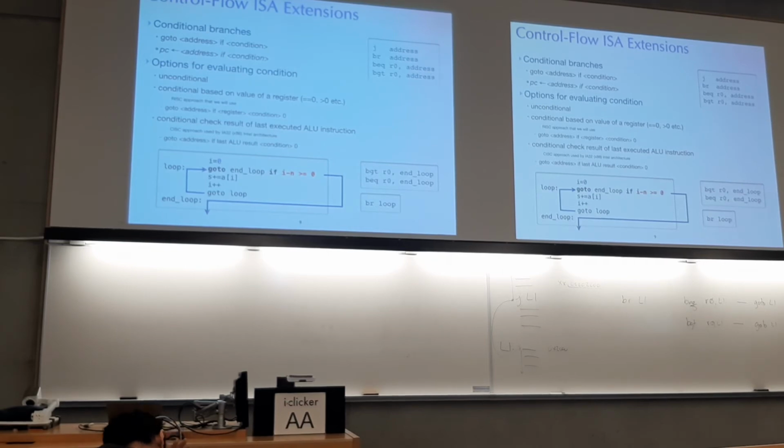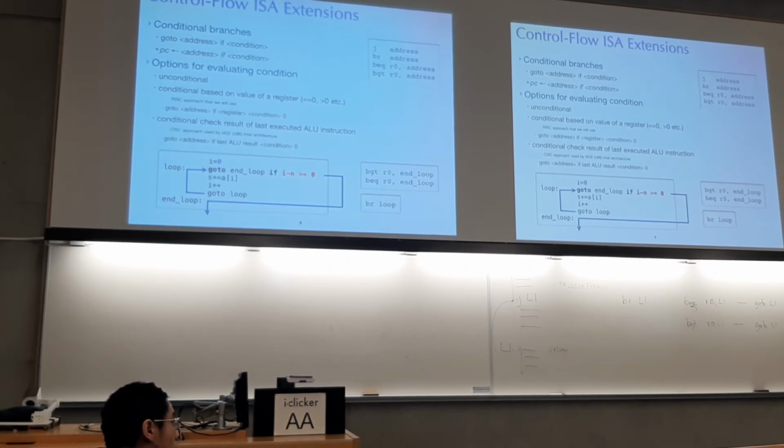Another, can you imagine something else you could do? I can count up using I, and let's say I'm doing to 10. So I keep subtracting 10. So I start off with minus 10, minus 9, minus 8, minus 7, and with that subtraction I eventually get to 0 and then I get out. Right? So when I is equal to 10, I don't do the loop body anymore. What's something else you could do?